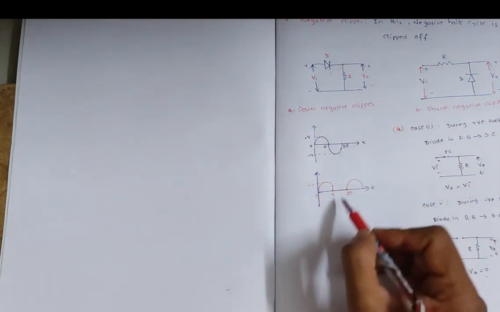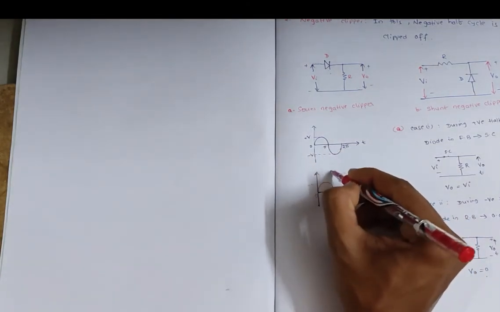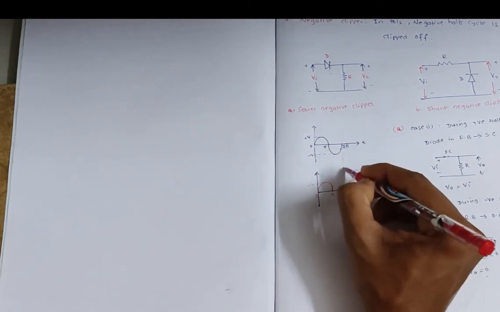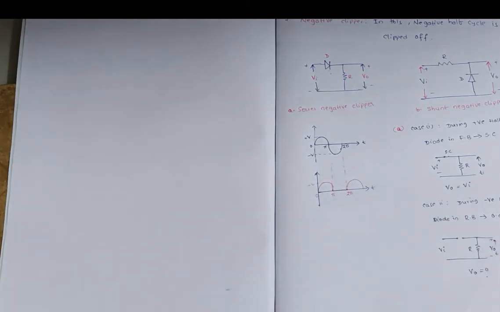Here the negative off cycle is clipped off. We don't have any negative off cycle here. That means it removes the negative off cycle. So this is about the series negative clipper.